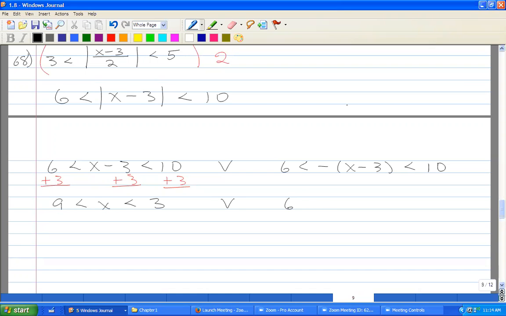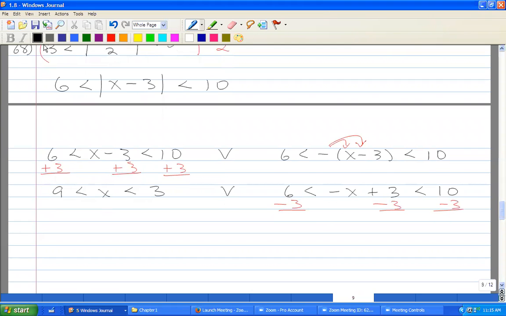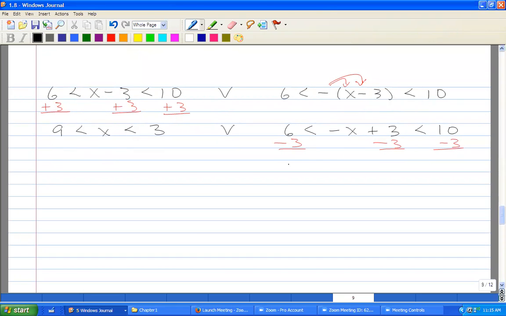Let's simplify this. So let's change all the signs inside the parentheses. So I have a negative x plus 3 is less than 10. Let me subtract 3 from every side of my inequality in order to isolate my variable x in the middle. So I have that 3 is less than negative x is less than 7.